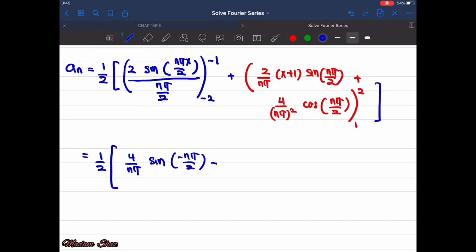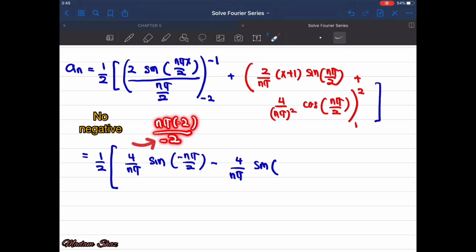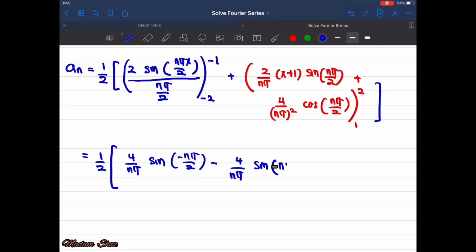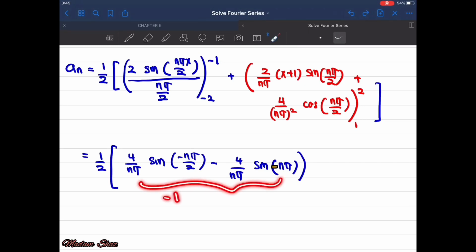Minus, substitute the second limit. 2 divided with n pi over 2, 4 over n pi. Sin, negative 2 to the position of x. N pi multiply negative 2 divided with 2. So 2 can be cancelled out. This one will become negative n pi. So close the bracket. So this one is the answer for the limit negative 1 minus limit negative 2.